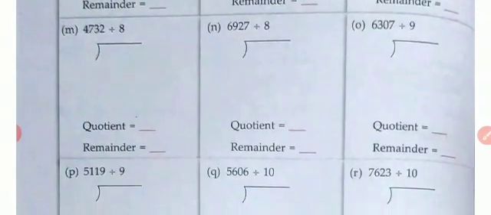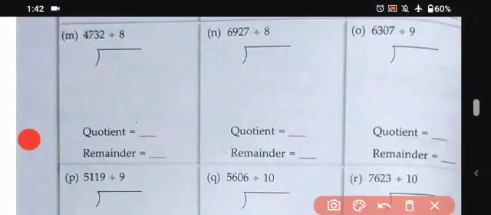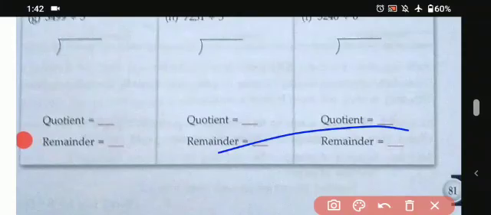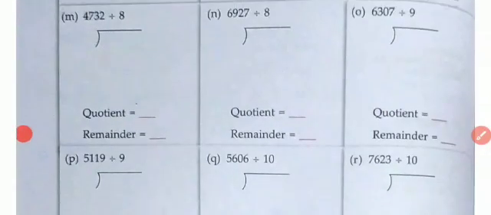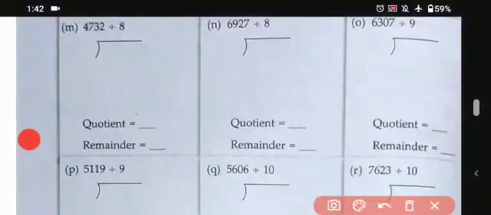6927 divided by 8. Okay, students. So we have to divide this. 6 is smaller than 8, so we have to combine 2 digits.